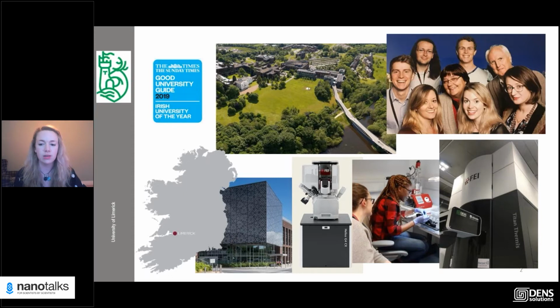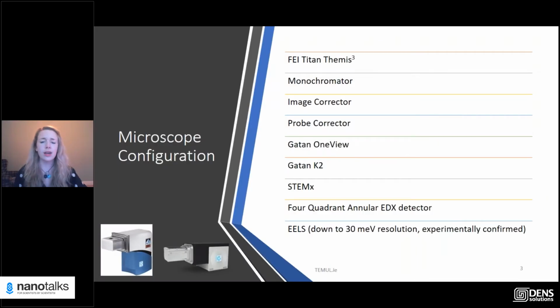And we're very lucky also at UL that we have a double corrected Titan Themis. So as I was saying, we have the Titan Themis cubed, that's monochromated, image corrected, probe corrected. In this talk, I'm going to show you some of the results using the Gatan OneView and also the Gatan K2.